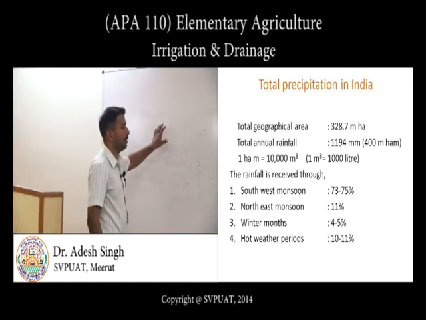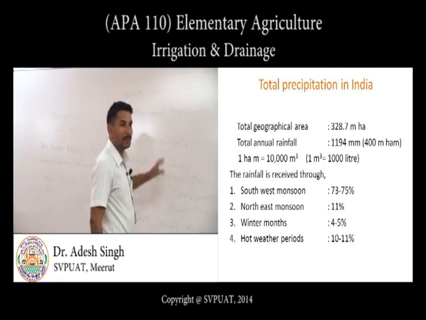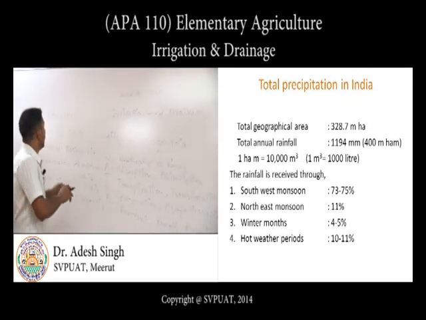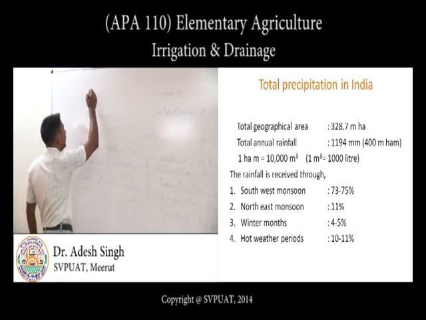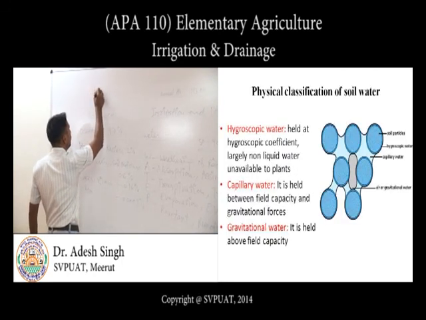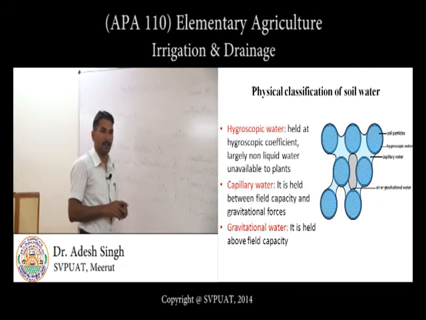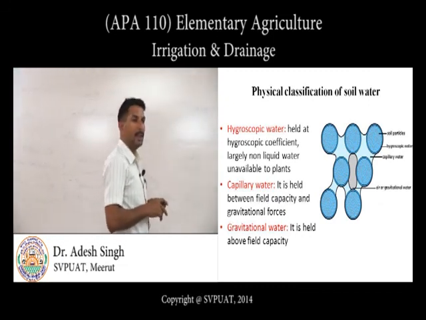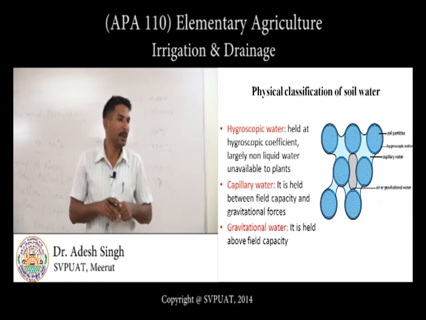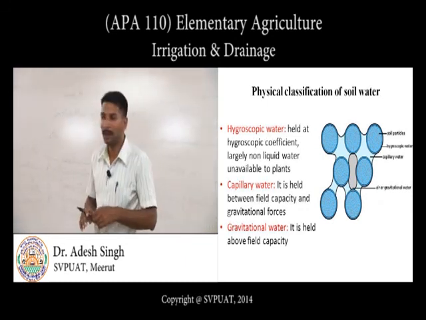Then the total water is not utilized by the crop plants, so the available water, or you can say the physical classification of water. There are 3 kinds of water available in the soil.